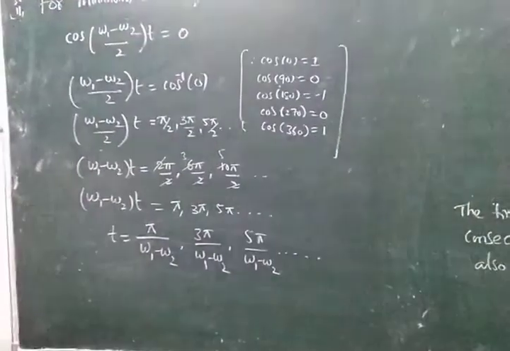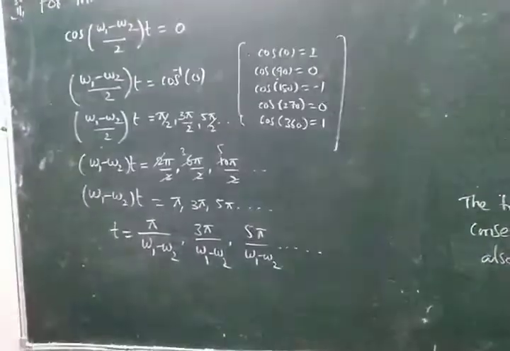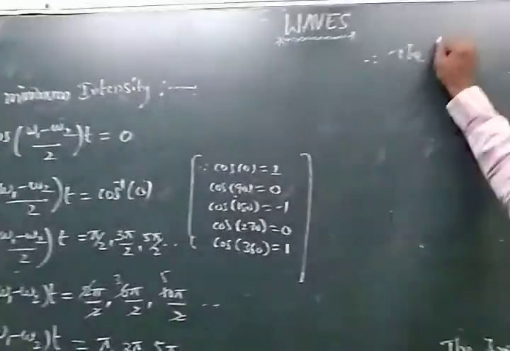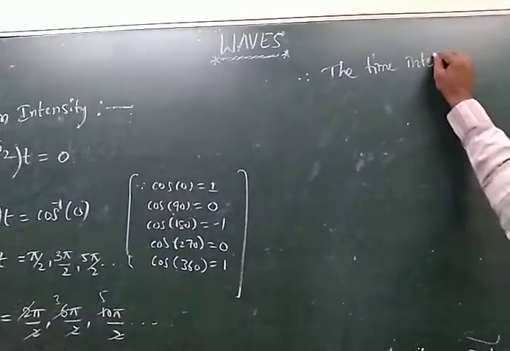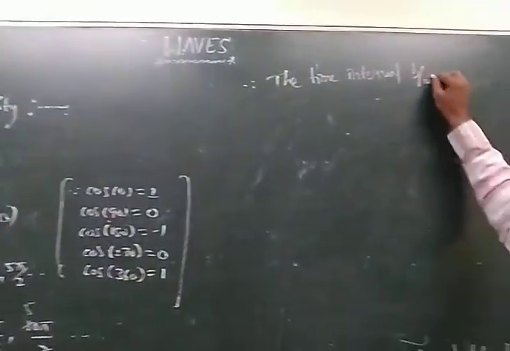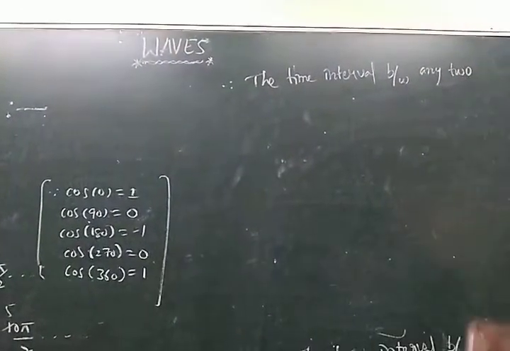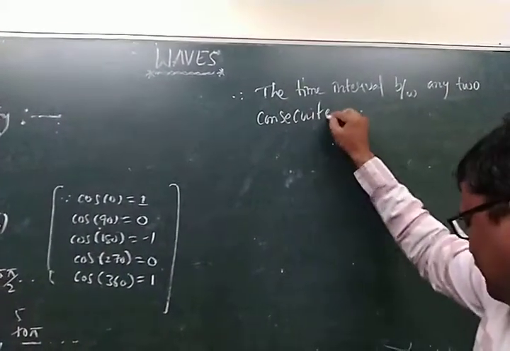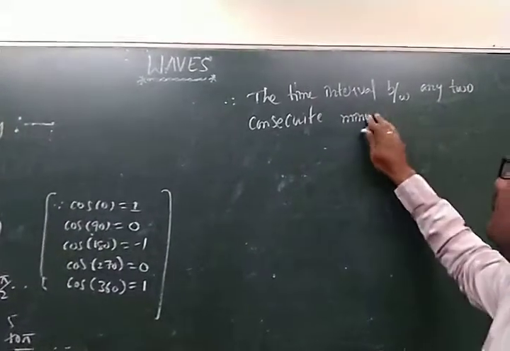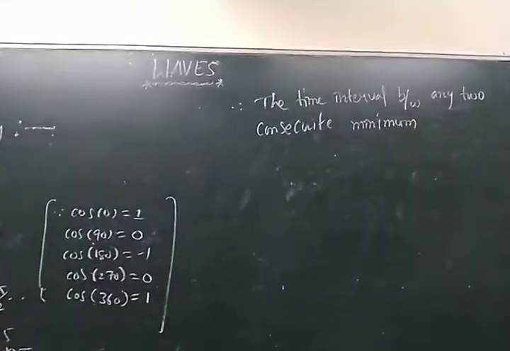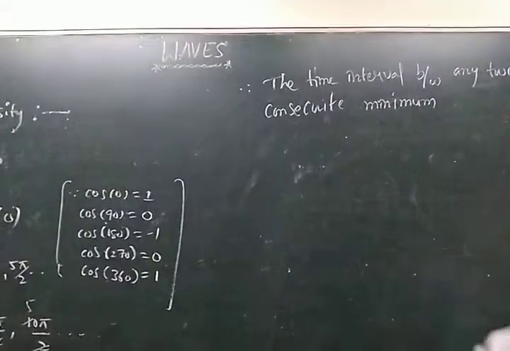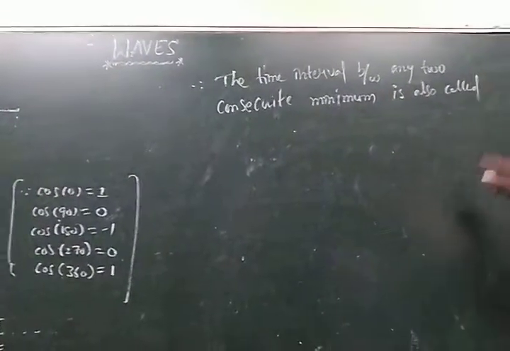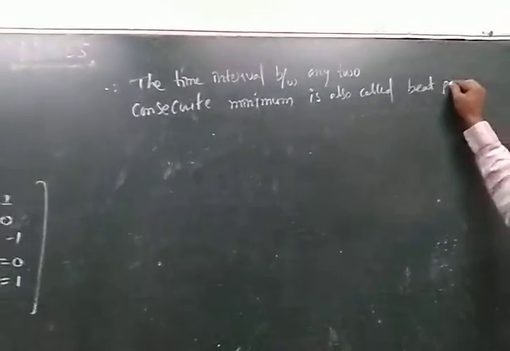Therefore, the time interval between any two consecutive minimum is also called beat period.